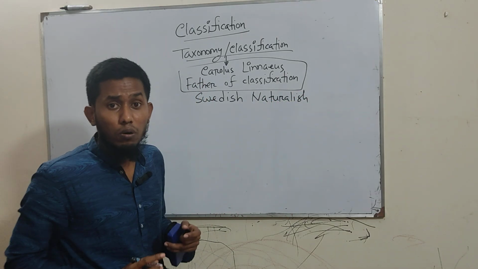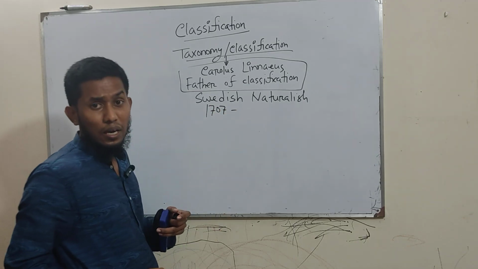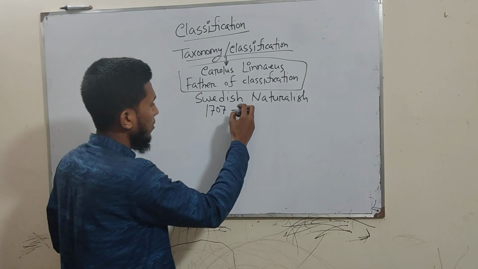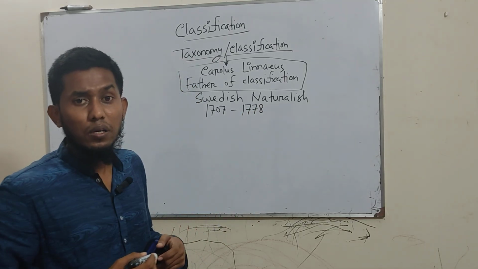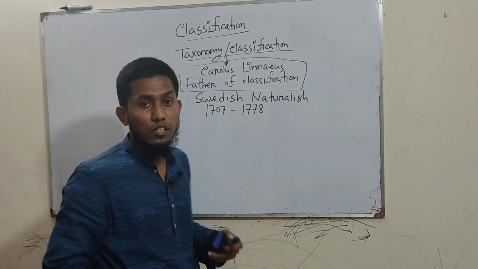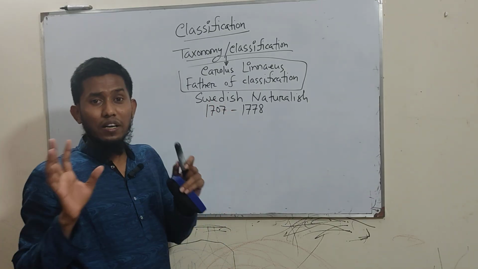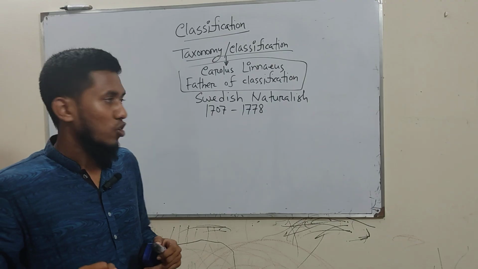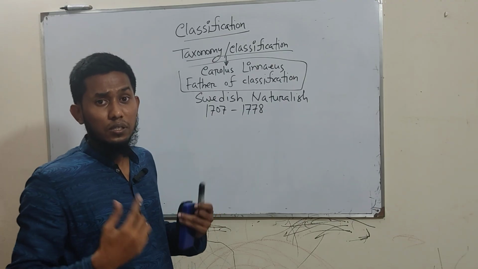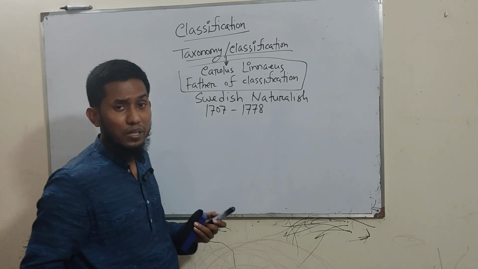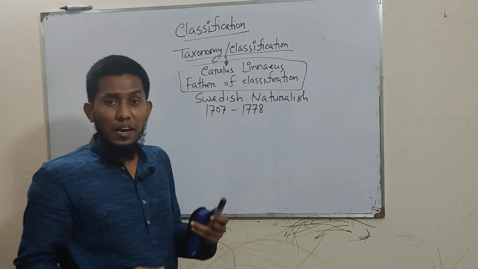He was born in the year 1707 and he died in the year 1778. Birth and death dates are very important, as he plays a vital role in taxonomy and nomenclature. Date of birth 1707, and date of death 1778.